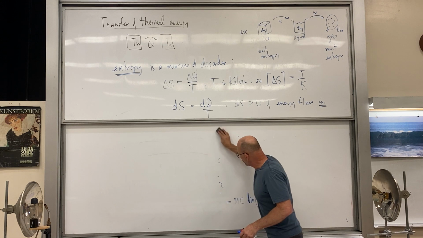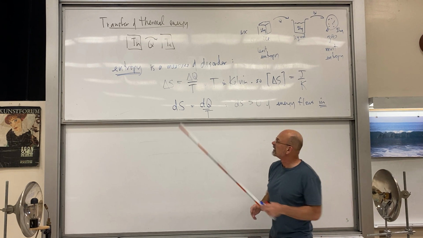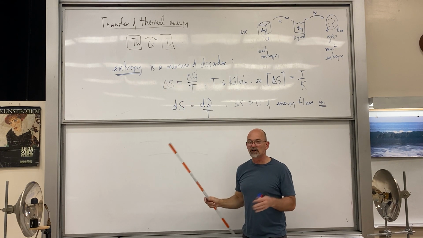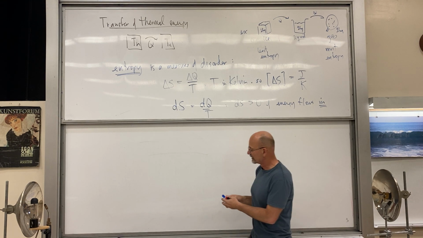So what we're going to do is take this idea of a system and imagine we take the hot and the cold object and we lock them in a cooler. We lock them in an isolated, insulated box.